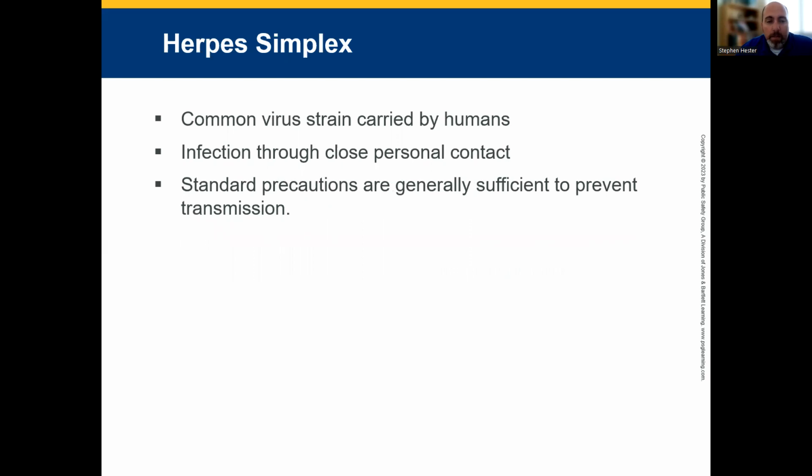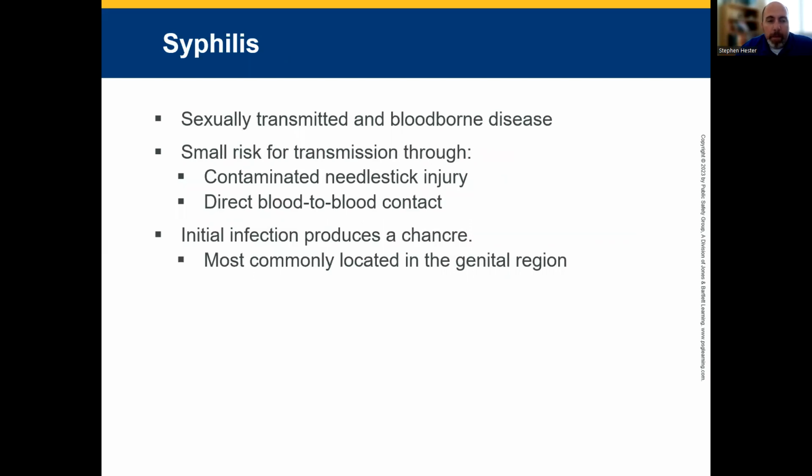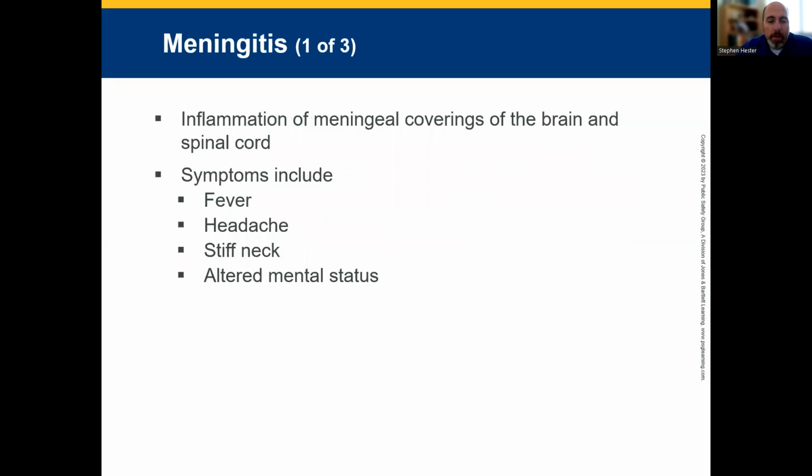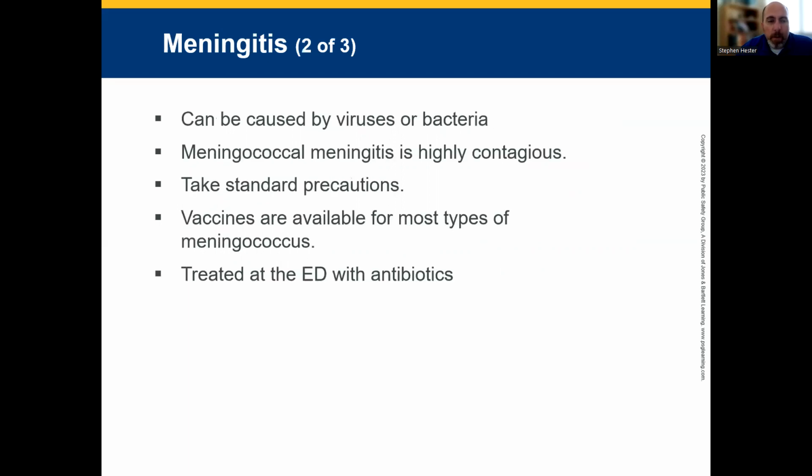Herpes is an STD, and syphilis is also an STD. Meningitis is inflammation of the coverings of the brain and spinal cord, and those are signs and symptoms of it. Please take standard precautions with them, and we should have vaccines available.